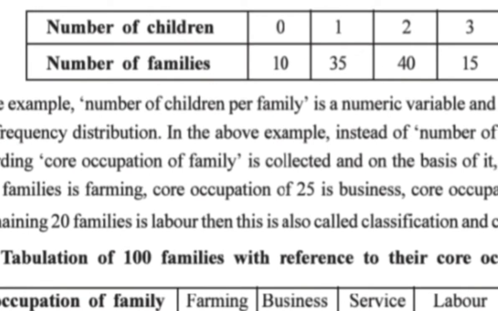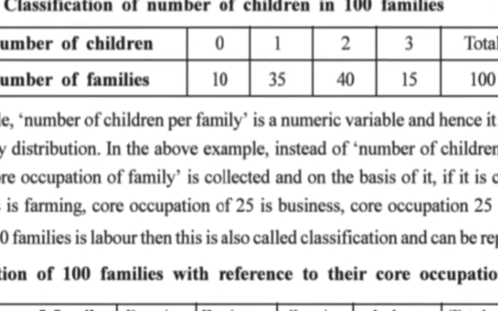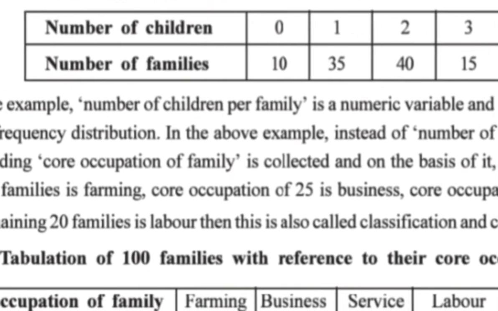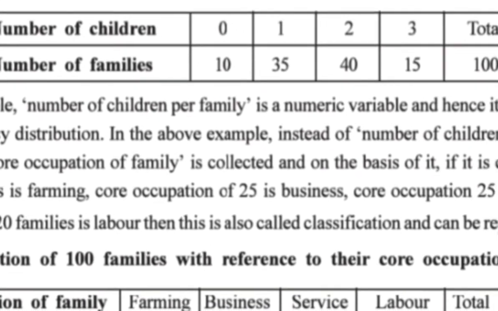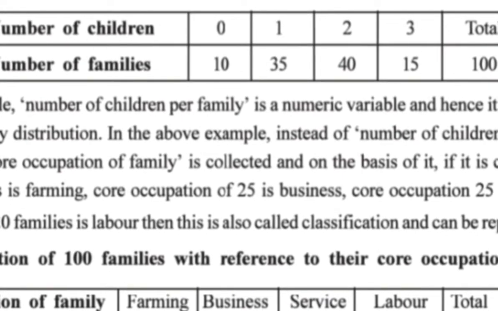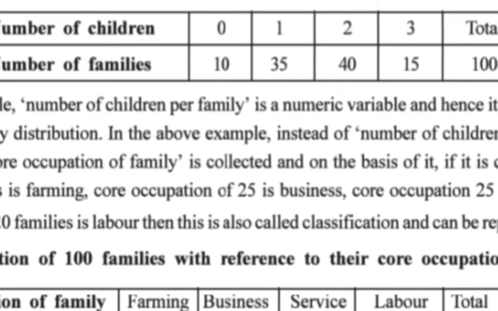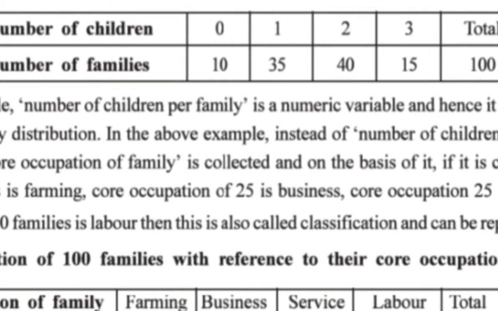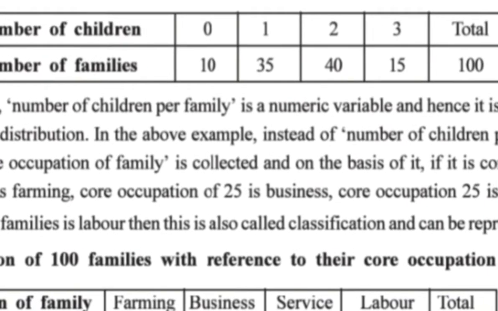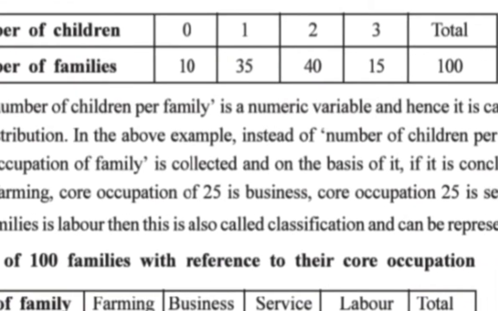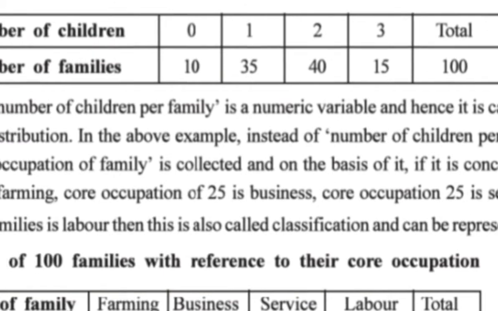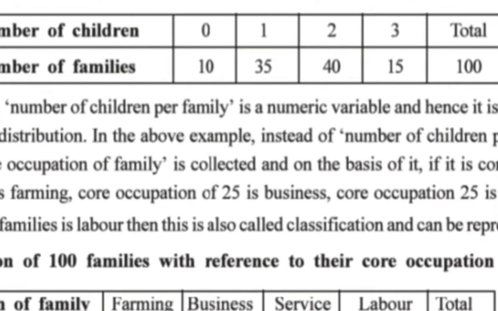The first row gives the number of children, that is 0, 1, 2 and 3, and the second row gives the number of families: how many families have no children, how many have one child, how many have two children, and how many have three children. It is the same kind of example that we had taken previously.